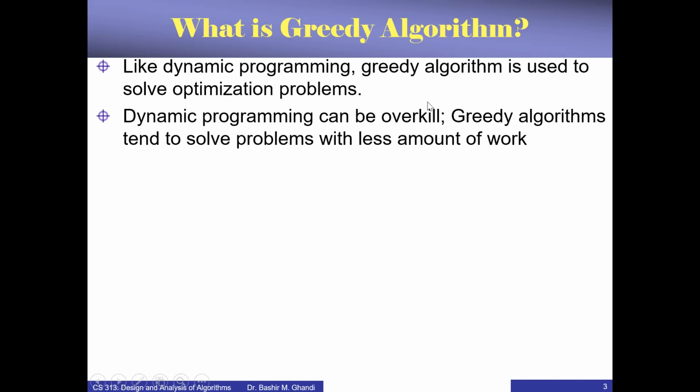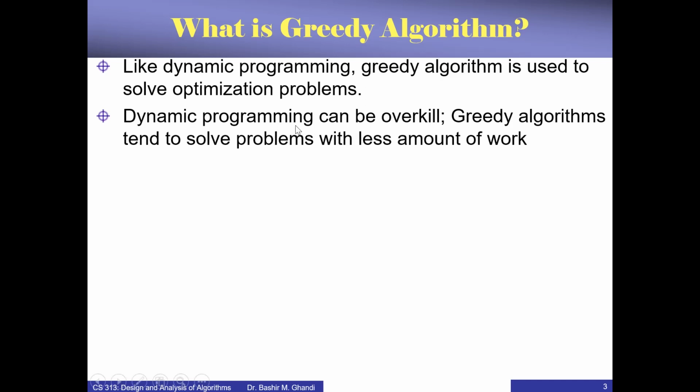What does overkill mean? It is like, for example, trying to kill an ant with a very large hammer. Take a large hammer and hit an ant just to kill it. You could have just used your finger to kill it if you wish to kill it. Okay, so this is what is called overkill.